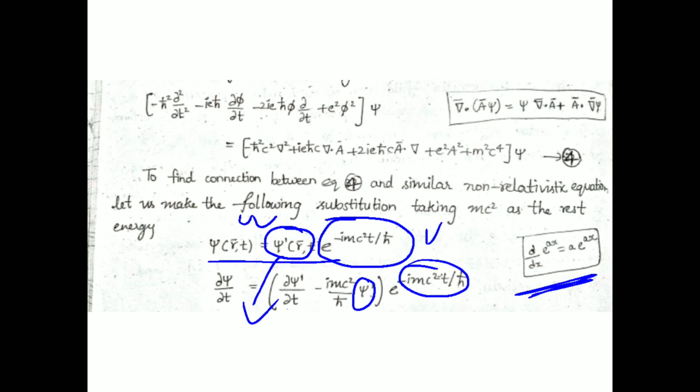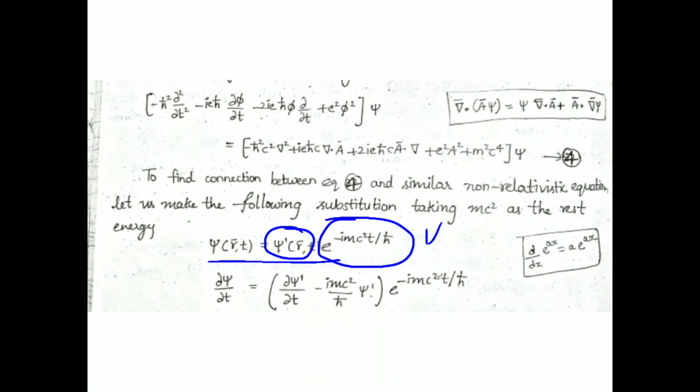Here, in place of a, we have −imc²/ħ, and in place of x we have t. So that is the thing here.